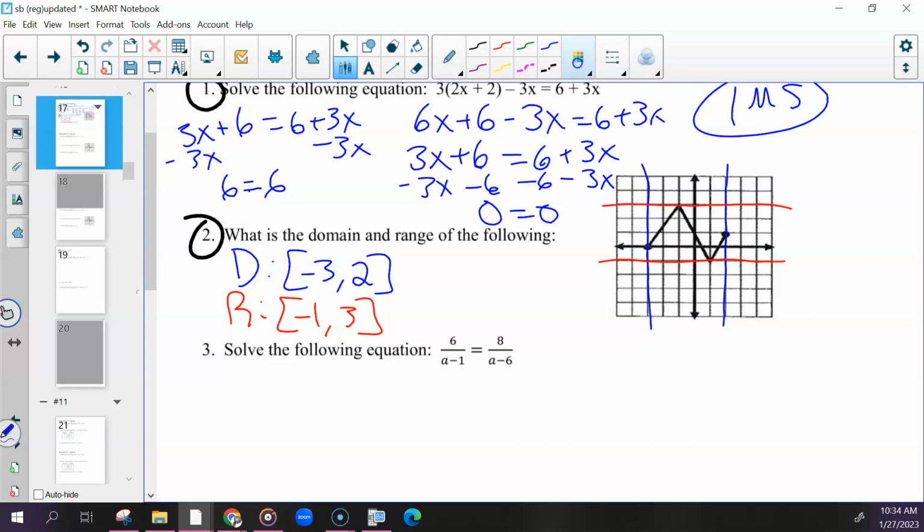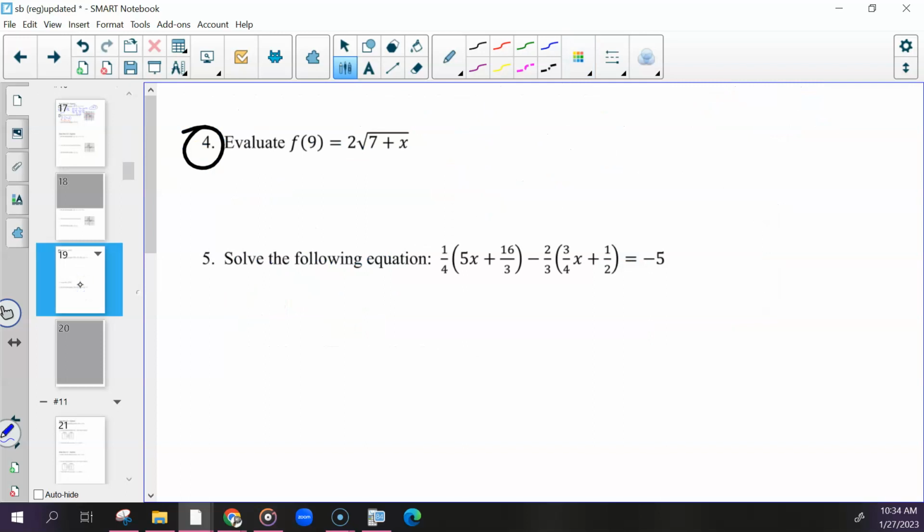Alright, and then number 4. Evaluate. This is in function notation, so this is saying this is your x. Put that value in for x and simplify. So this would give us 2 times the square root of 16. The square root of 16 is 4.